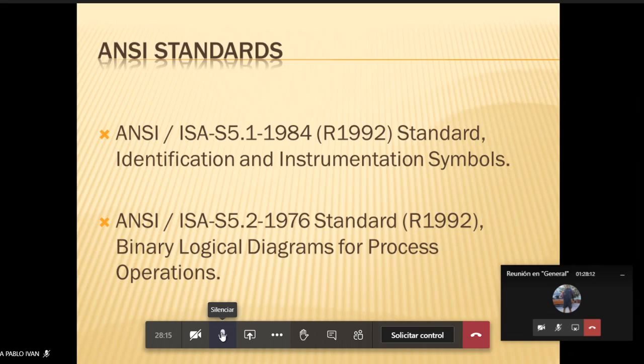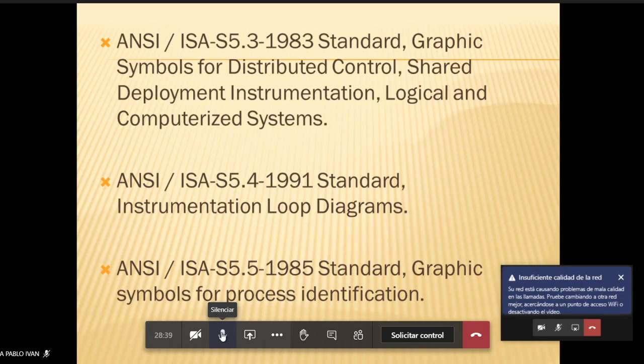Here we have different standards of ANSI that you can see, the standard identification and instrumentation symbols, the binary logical diagram of process operations, and a lot more, like graphic symbols for distributed control, shared display instrumentation, logical and computerized systems.